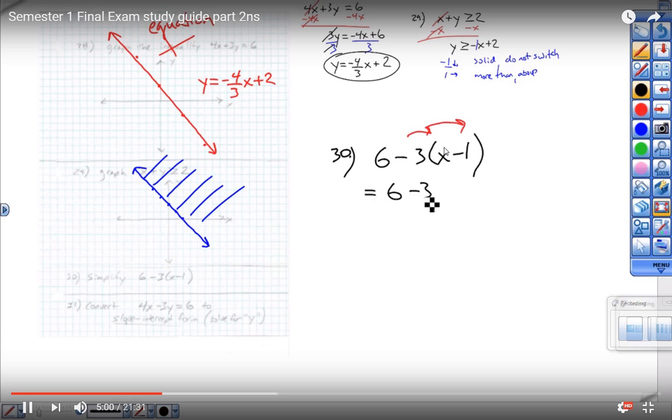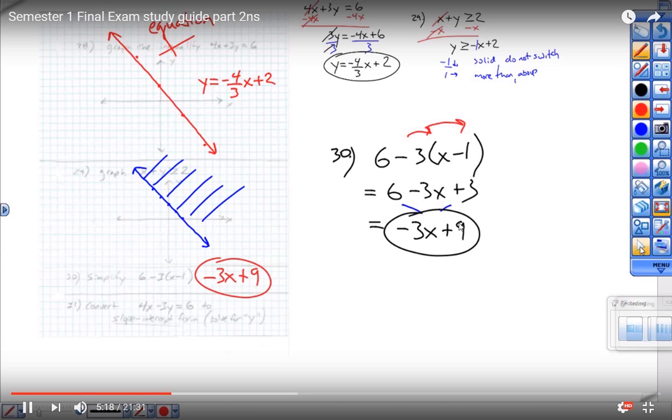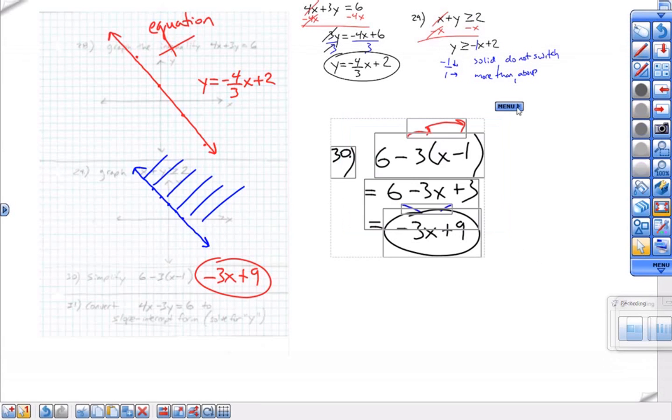Negative 3 times x gives me negative 3x. Negative 3 times negative 1 gives me positive 3. Now combine the like terms, which are the two numbers. Leave that negative 3x alone and bring that 9 when you combine 6 and 3. And again, simplified gives you negative 3x plus 9.